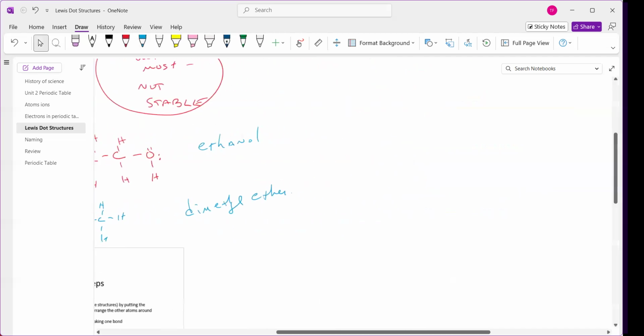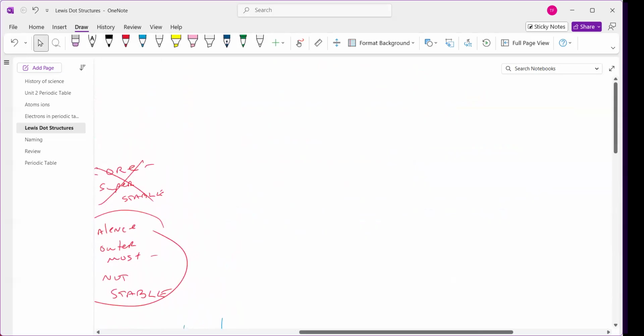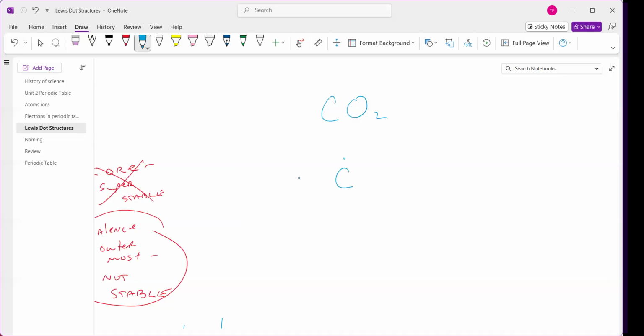Okay, so let's do another one. Carbon dioxide. Very stable, very common. So let's do a little structure on it. We put the carbon in the middle, oxygen on either side. Okay, so that's step number one.